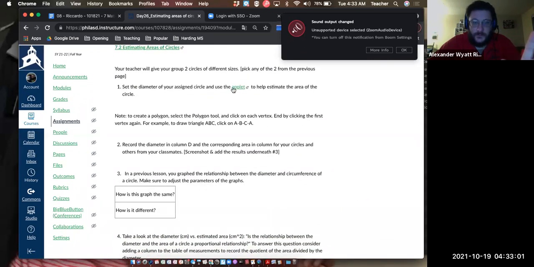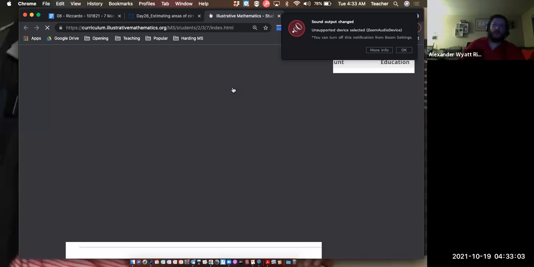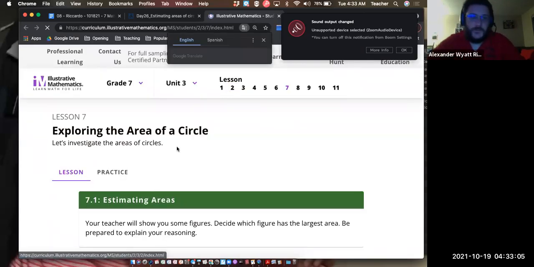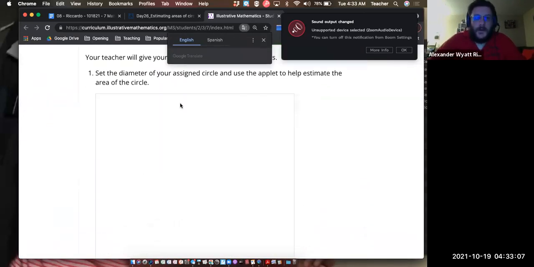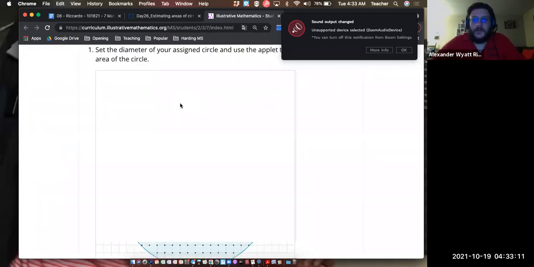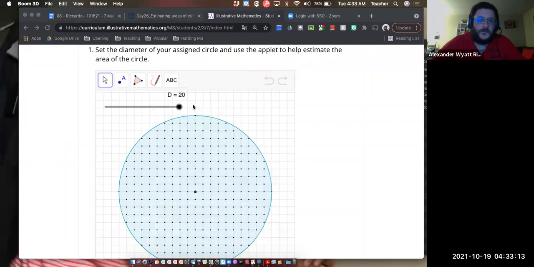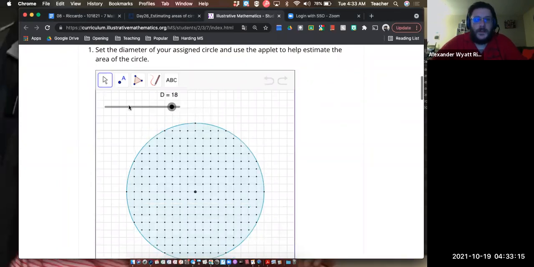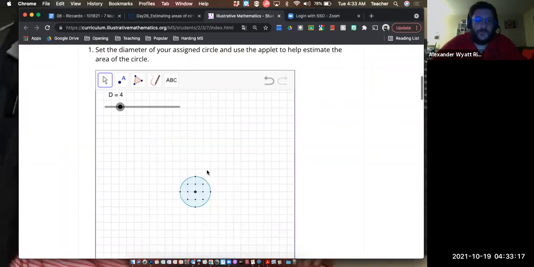The activity was relatively simple. You would set the diameter of the circle to whichever size you wanted, and then figure out how many blocks you would need.